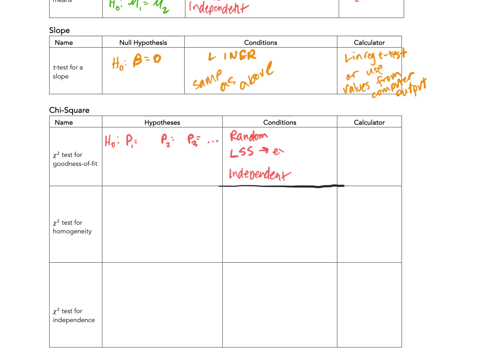It's the expected counts have to be greater than or equal to 5. Independent is checked probably with 10% in this particular test, because you wouldn't have results from an experiment.